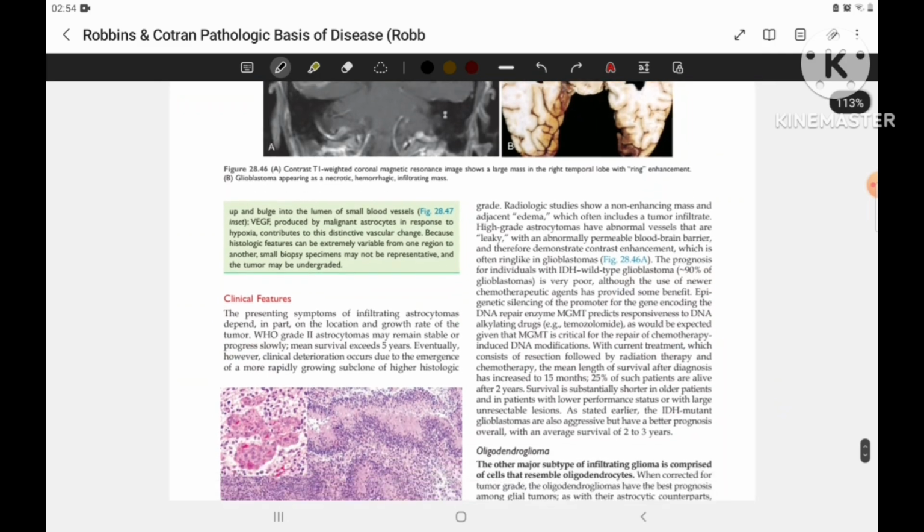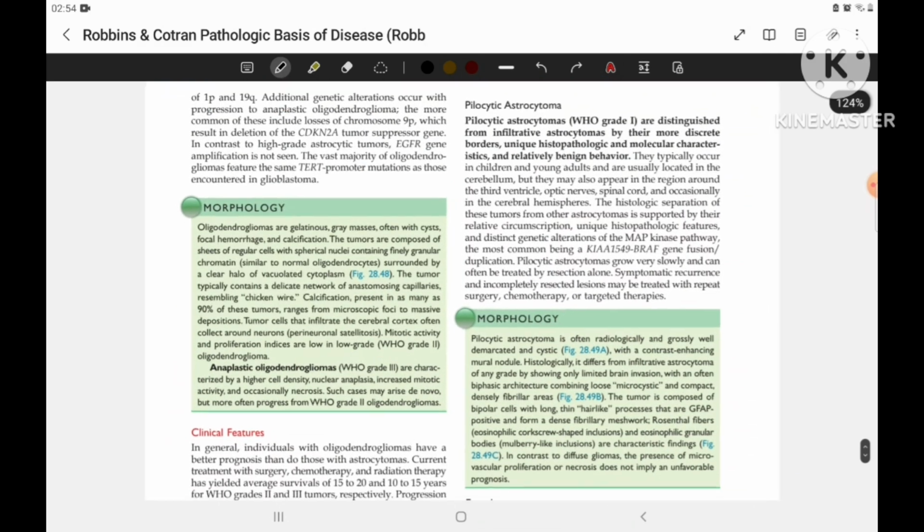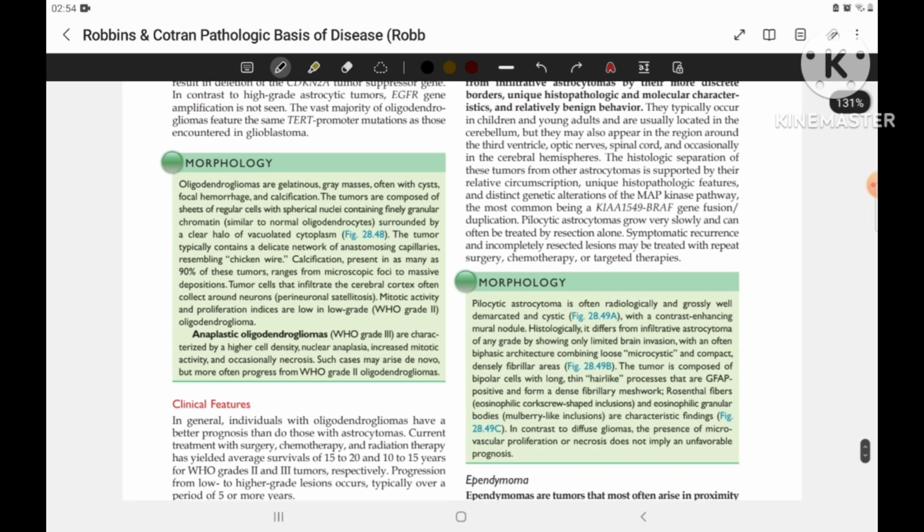I just wanted to show you this line. But more often they progress from WHO grade to oligodendrogliomas. See this word, I'll just use a highlighter. So they progress from WHO grade to oligodendrogliomas.